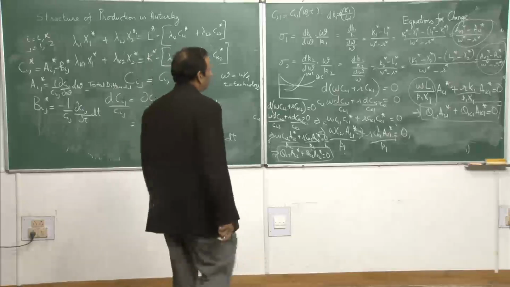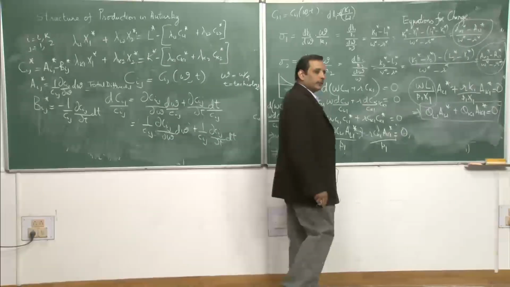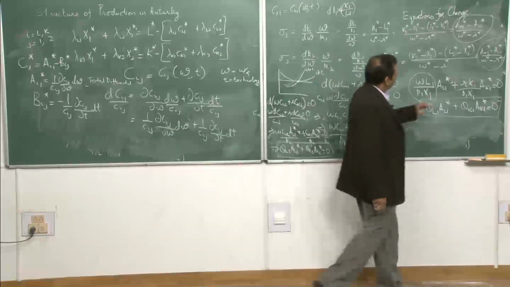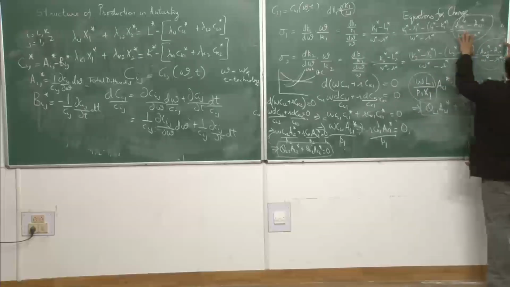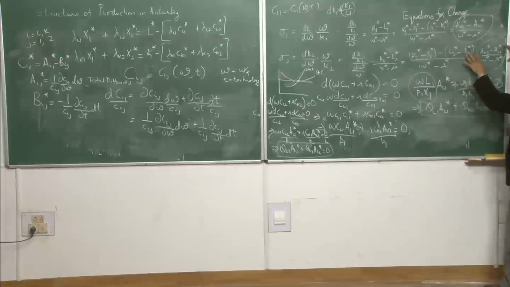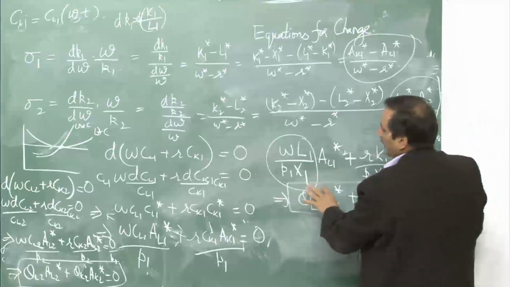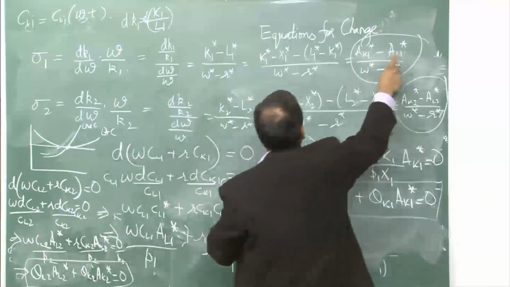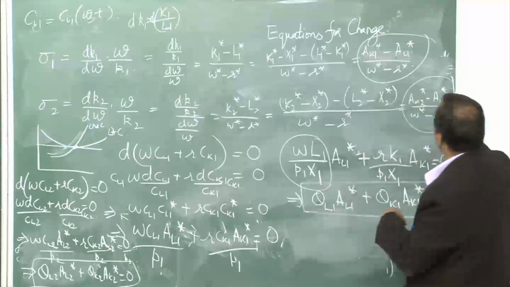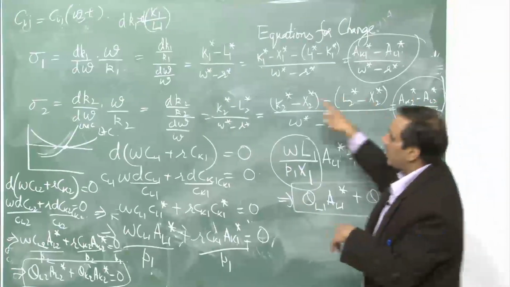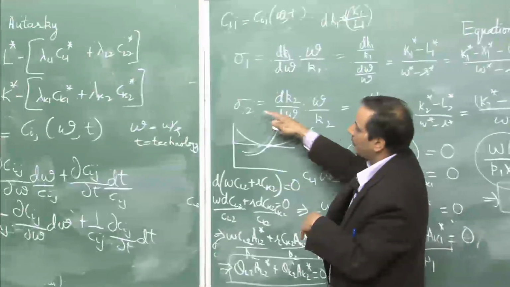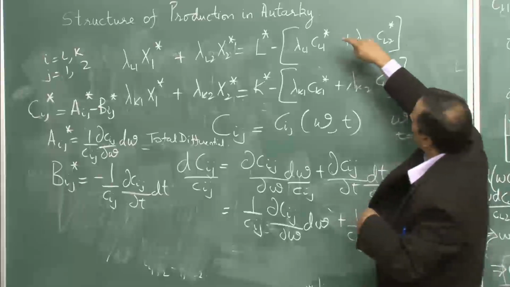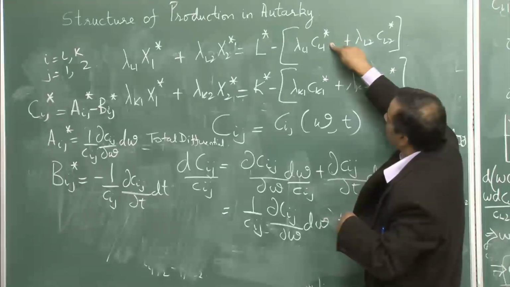So tomorrow we will see how, once we have established this, AK1 star, AL1 star, AK2 star, AL2 star will become a function of sigma 1, sigma 2. Once it is here, then you can replace it here.